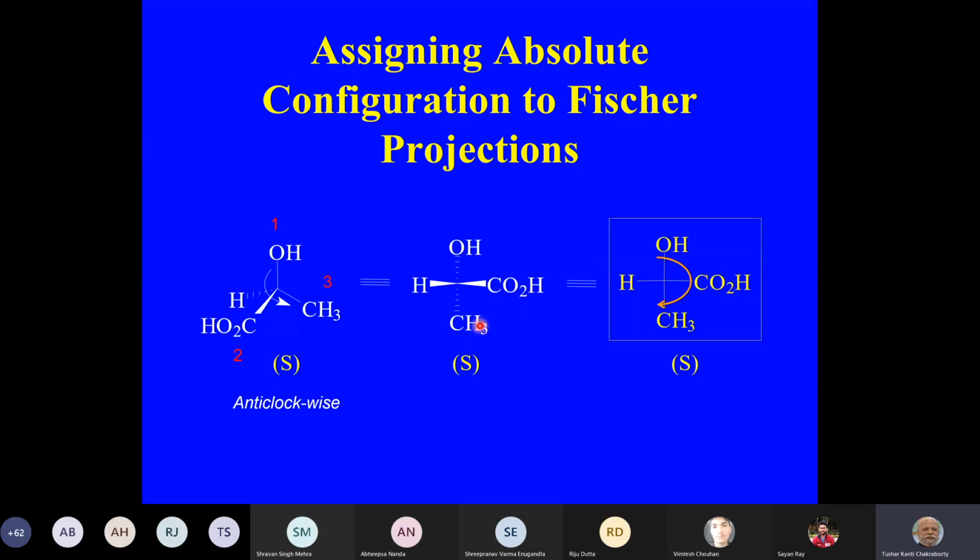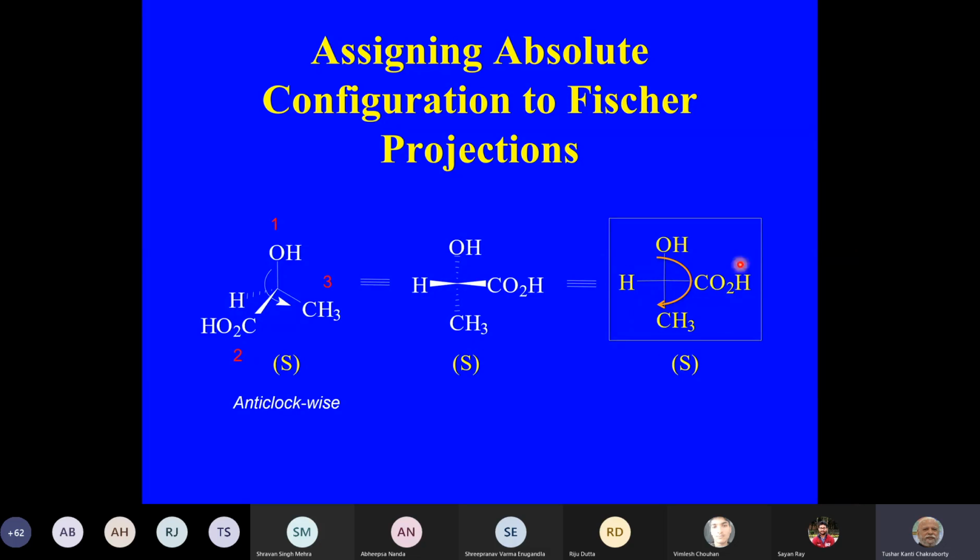Basically, I have rotated the left-hand structure by say 90 degrees. If you rotate 90 degrees, you can see the carboxyl group is above the plane. This hydrogen, which was below the plane, now comes above the plane, and this hydroxyl is below, and this methyl is below.